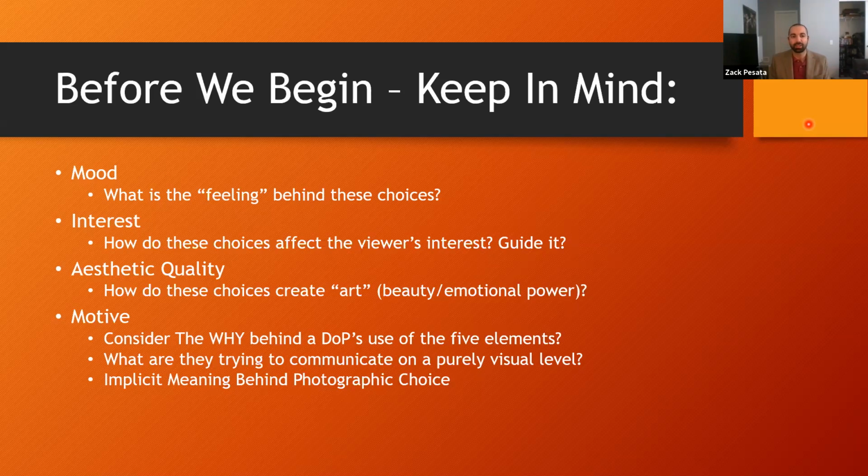Why do you think these choices are being made? How are they impacting you? And if they're not impacting you, why do you think the director and cinematographer took the effort to make these choices, where they could have just set up the camera in a wide shot and shot it as is, and not worried about the shape of the light, where the shadows are going to be, or why we should even bring out the dolly? So always consider motive, and also what it is making you feel.